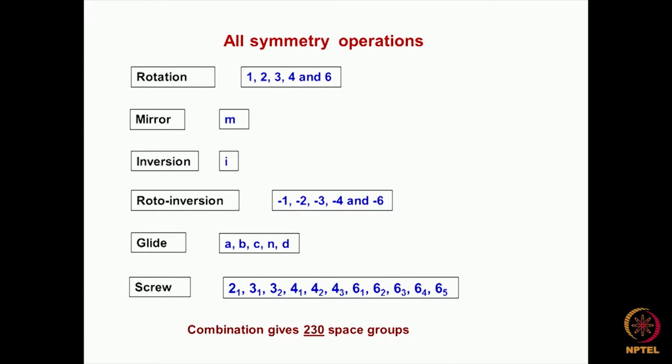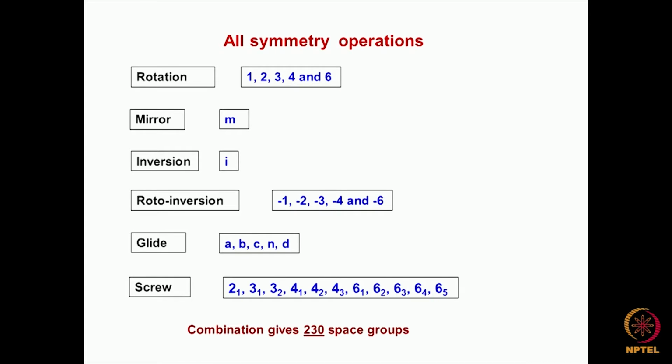Okay. So now if we look at what all symmetry operations we can have in a 3-dimensional space group, 3-dimensional lattice: rotation symmetry, mirror symmetry, all the rotations, inversion, roto-inversion. Then we have glide A, B and C, and N and D. Then these are all the types of screw axes.